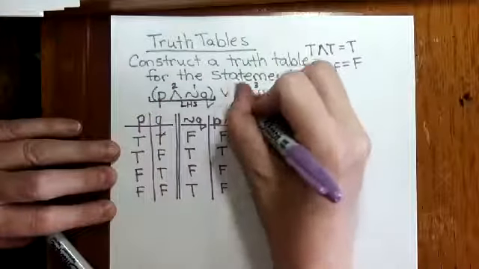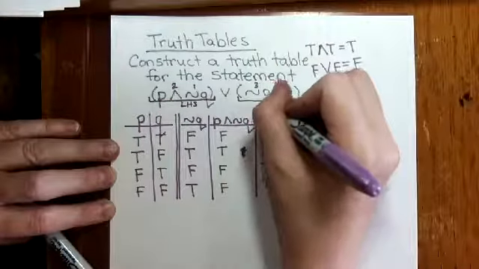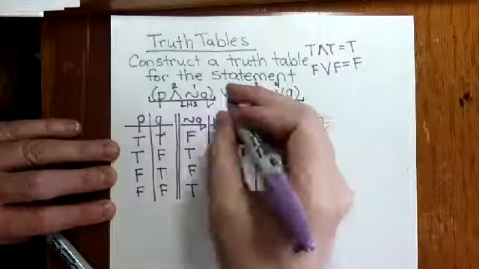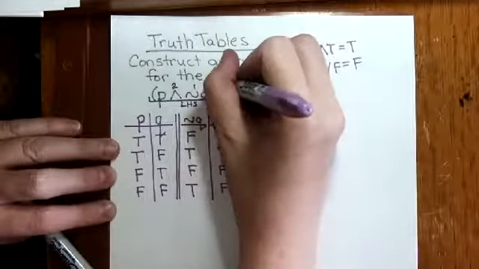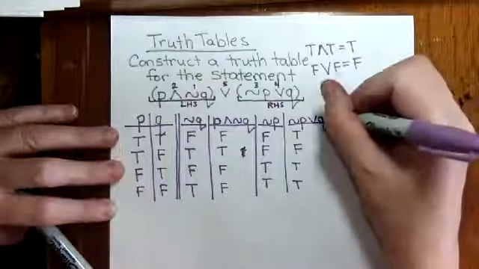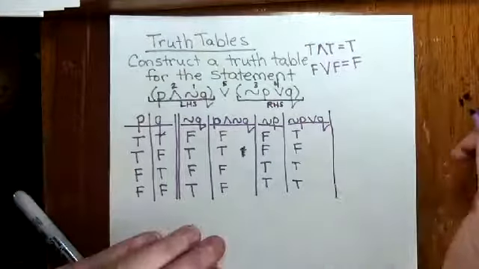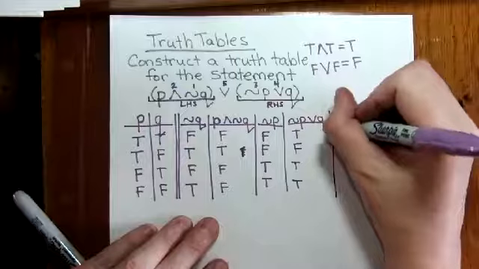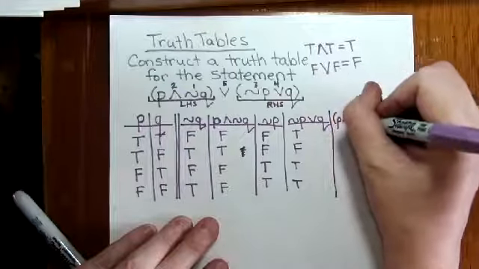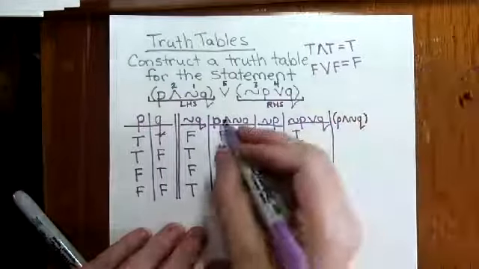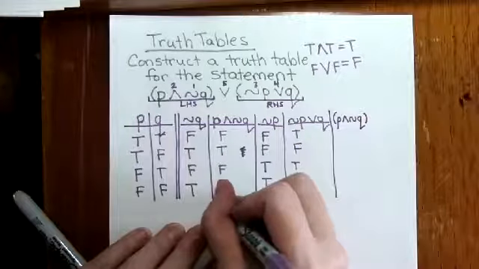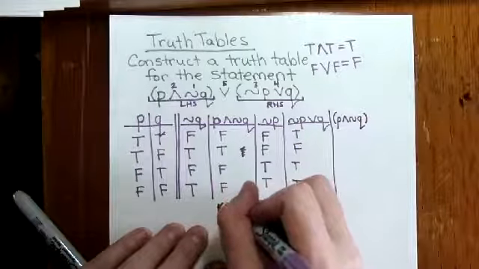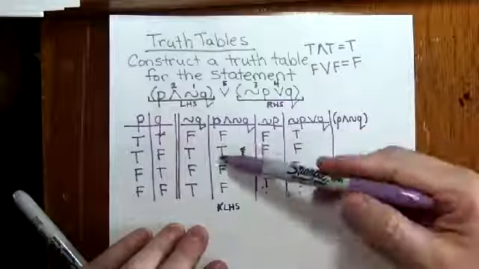and the results of the right-hand side, and we can OR them. So we have P and not Q as our left-hand side. That's this column here.